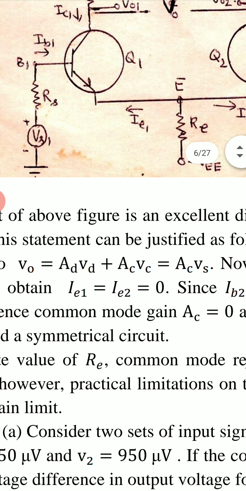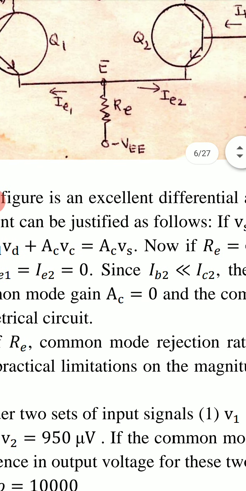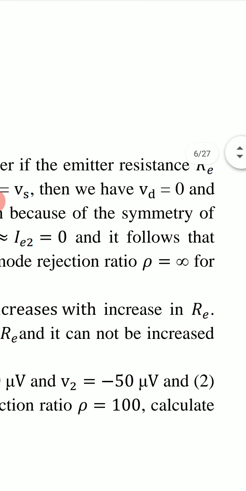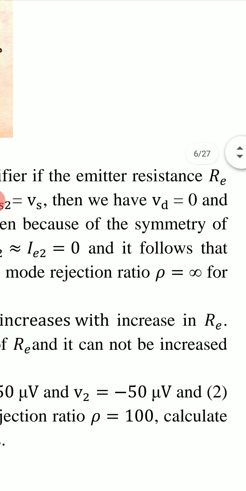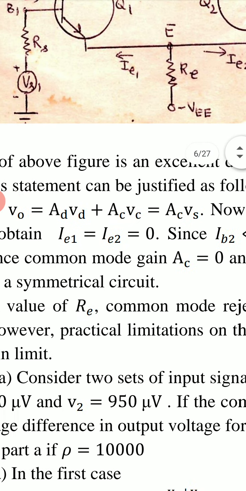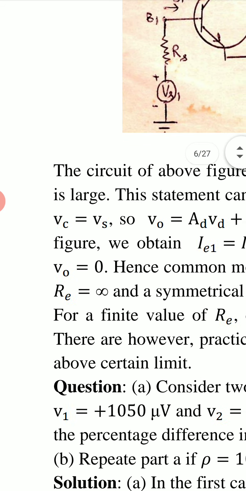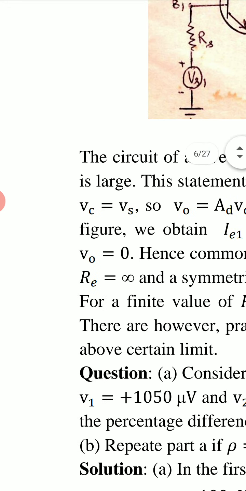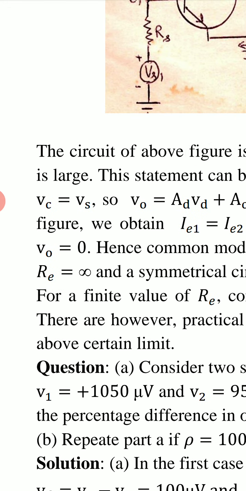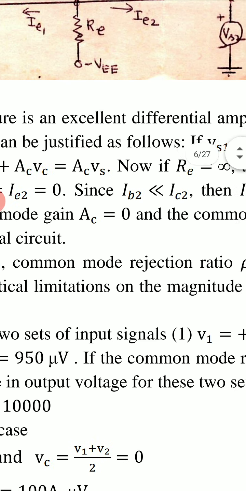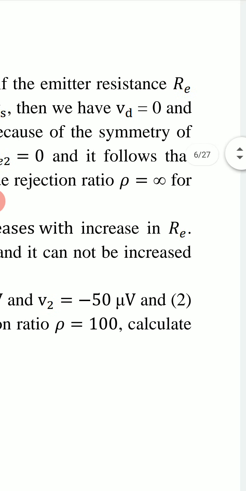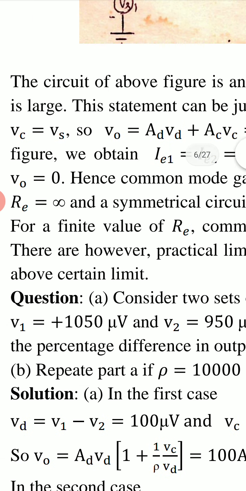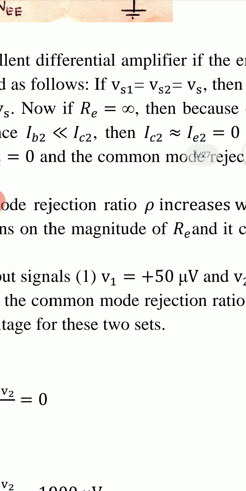Hence the common mode gain Ac equal to 0 and the common mode rejection ratio rho equal to infinity for Re equal to infinity and a symmetrical circuit. For a finite value of Re, the common mode rejection ratio rho increases with an increase in Re. There are, however, practical limitations on the magnitude of Re.